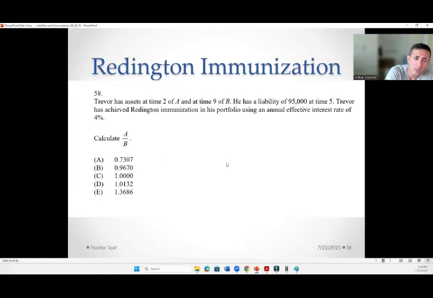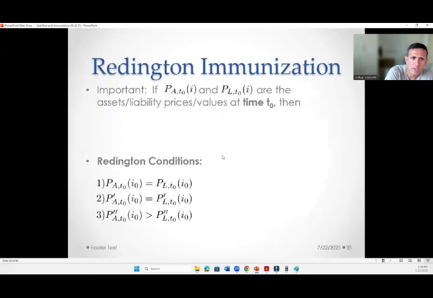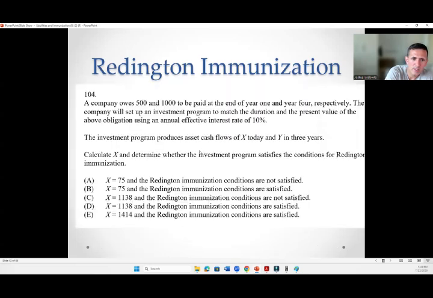So I won't do it, but you would do this problem exactly like you would do this one. In particular, the first time you have a liability or an asset is exactly today, so that's t equals 0.